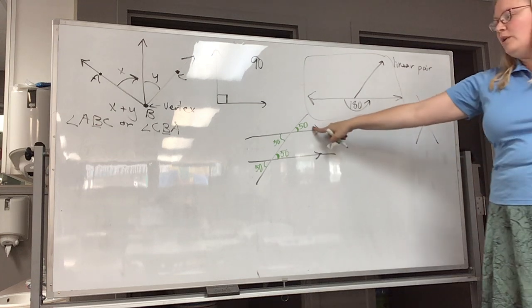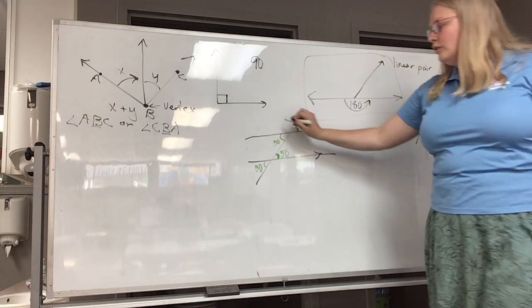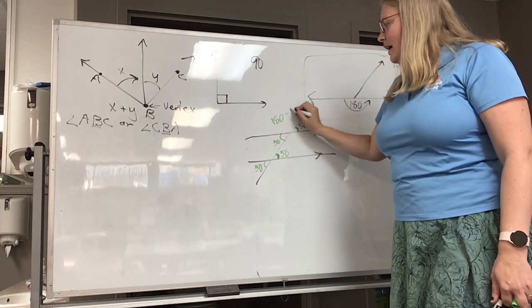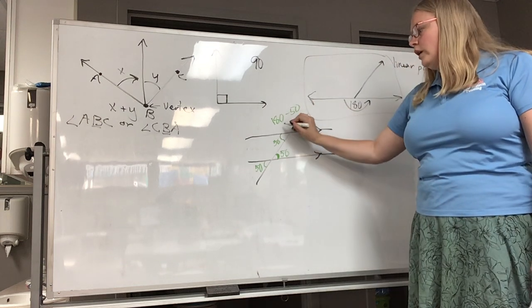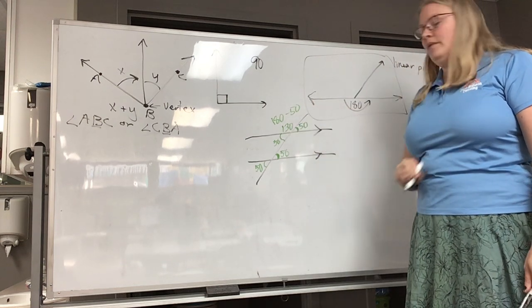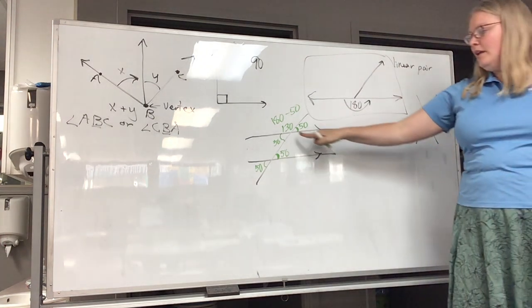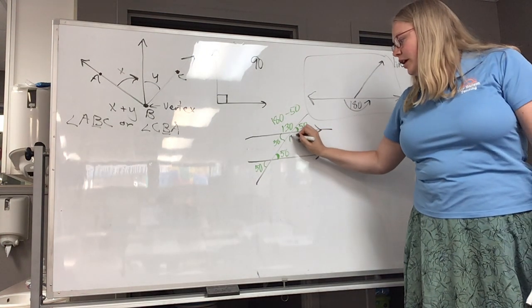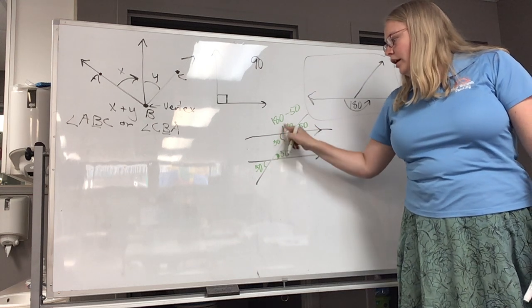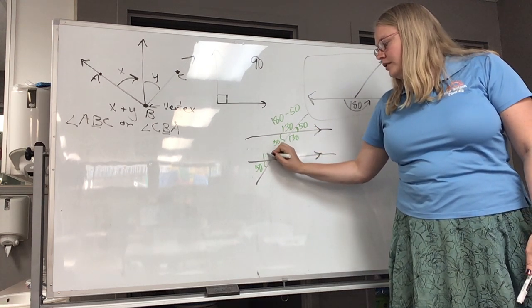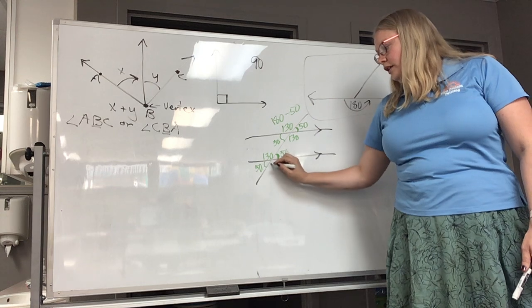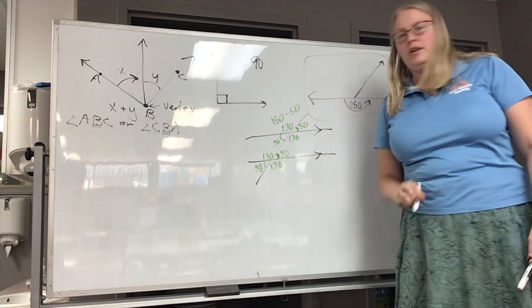And so not only do we know this is 50, this is going to be 180 minus that 50, or 130. And not only is that 130, but our vertical angle is 130, our corresponding angle is 130, and our vertical angle, again, is 130.